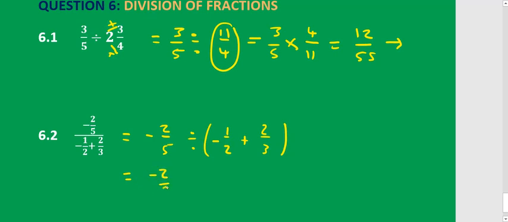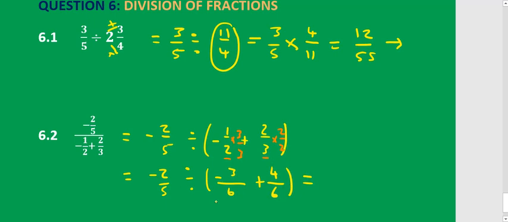Okay, we've got negative 2 over 5 divided by. All right, remember what we want to do. Because the denominators are not the same, we cannot add. So we have to make them be the same, and we know how to do that. We multiply this fraction by the other's denominator, and we multiply this fraction by the other's denominator, which would give us 3 times 1, which is negative 3, and 2 times 3 is 6, 2 times 2 is 4, 3 times 2 is of course 6.